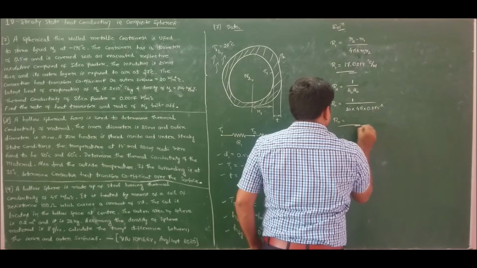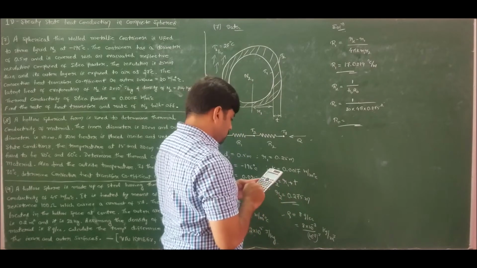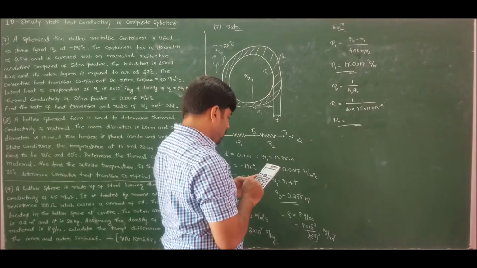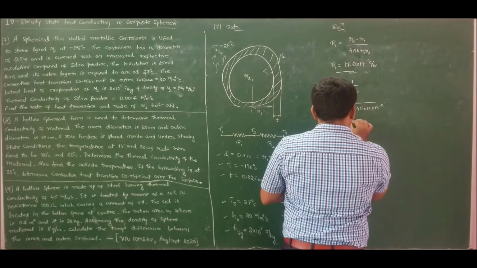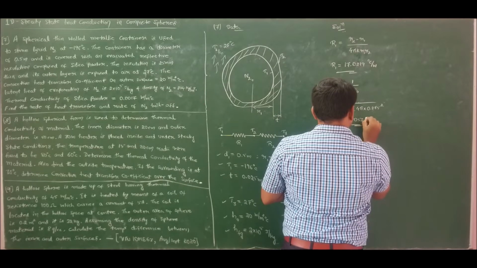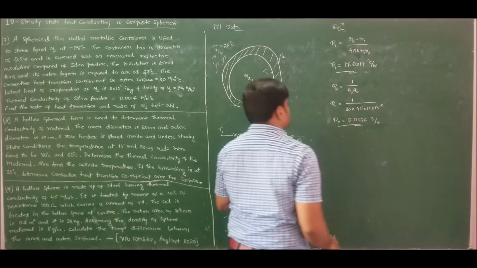So thereby I got the resistance due to convection also, which is 1 by 20 into 4 into pi times 0.275 square, which is turning out to be 0.0526 degrees Celsius per watt.